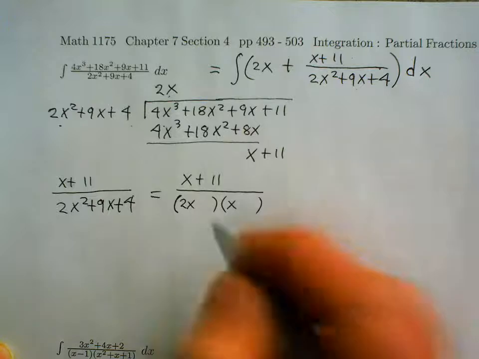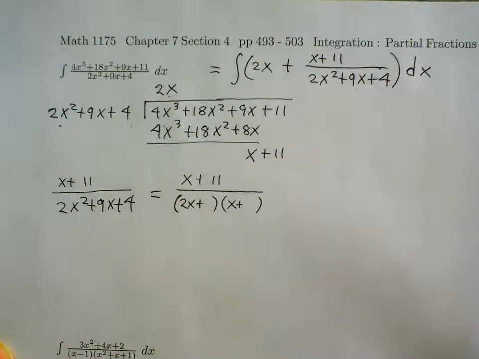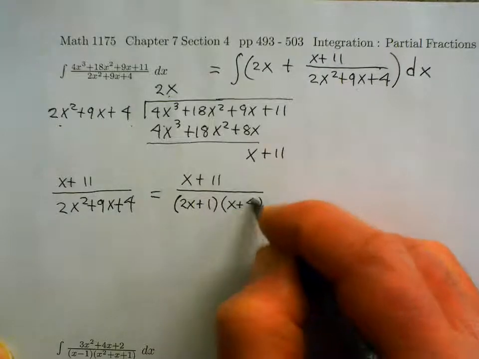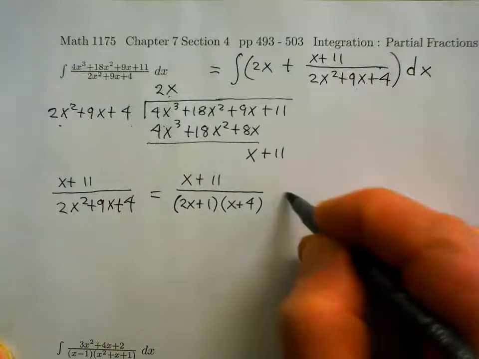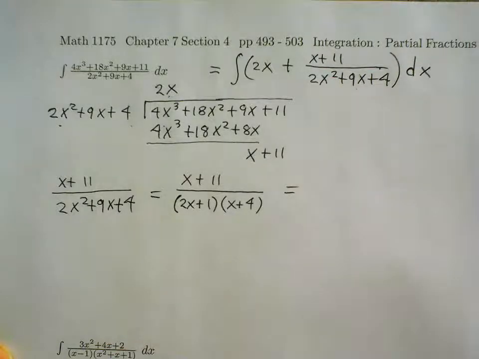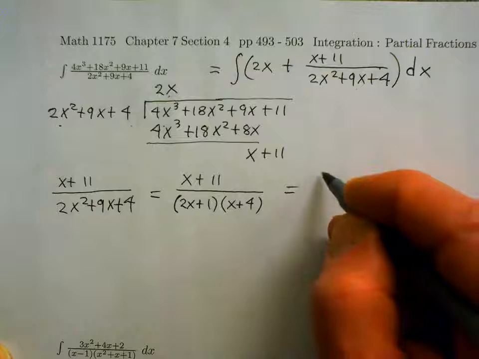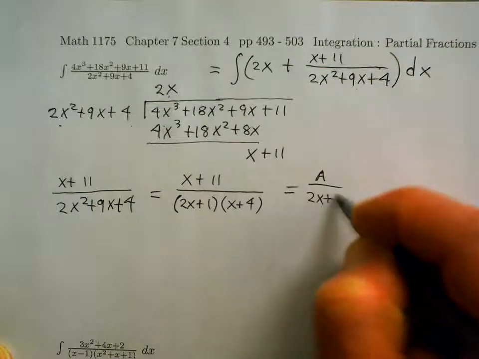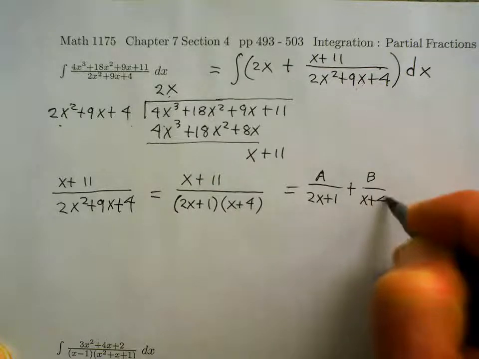Both have to have a plus sign. And it looks like 2x plus 1 times x plus 4. The denominator has two linear factors, so the partial fraction decomposition will have the form a over 2x plus 1 plus b over x plus 4.